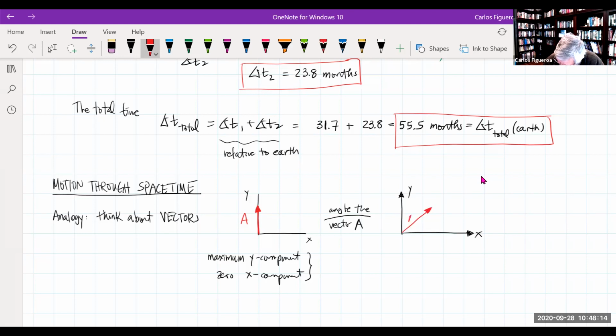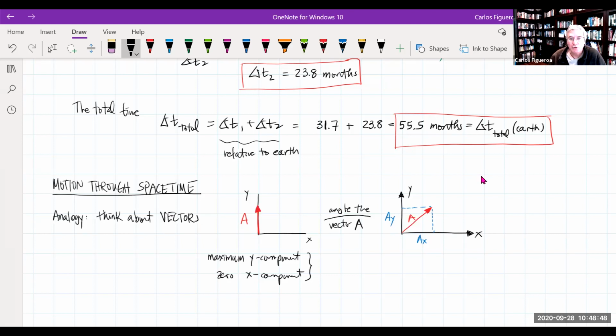Note that when I draw the components for this, I now have part of it in the x direction, and part of it in the y direction. We're so comfortable saying that, but are the components really being divided between the x and the y? And the answer is absolutely not.